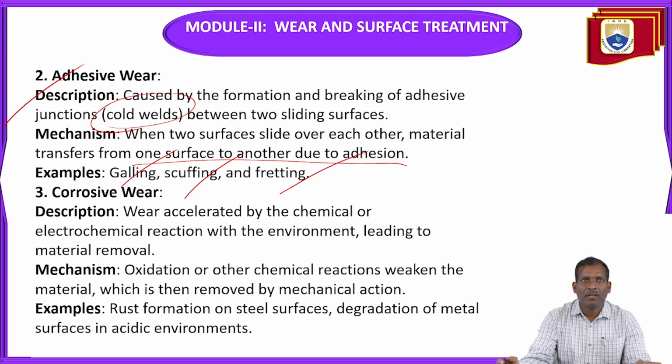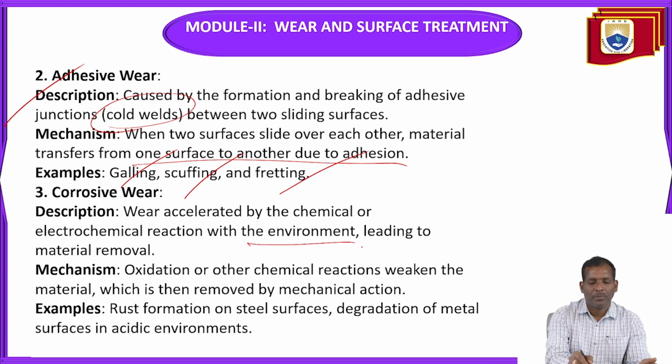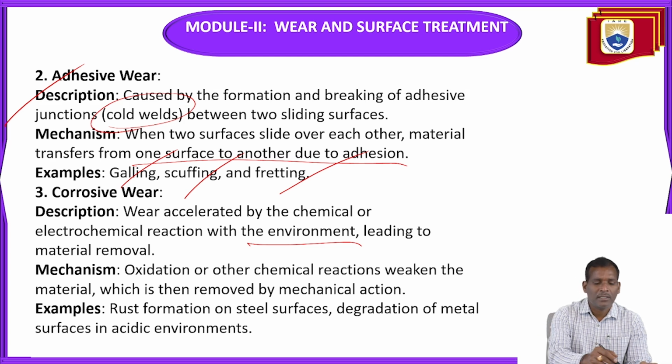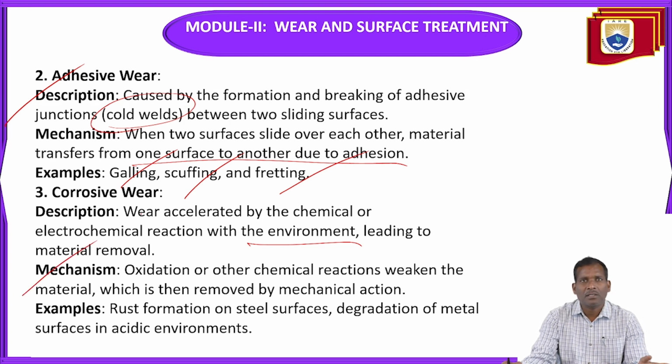Corrosion wear falls under this category. They are accelerated by chemical or electrochemical reaction with the environment, so it leads to material removal. The mechanism is that oxidation or other chemical reactions weaken the material, which is then removed by mechanical action.